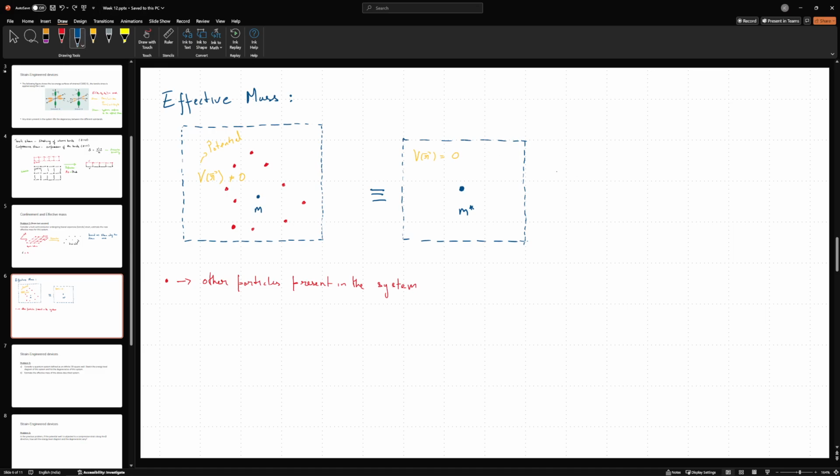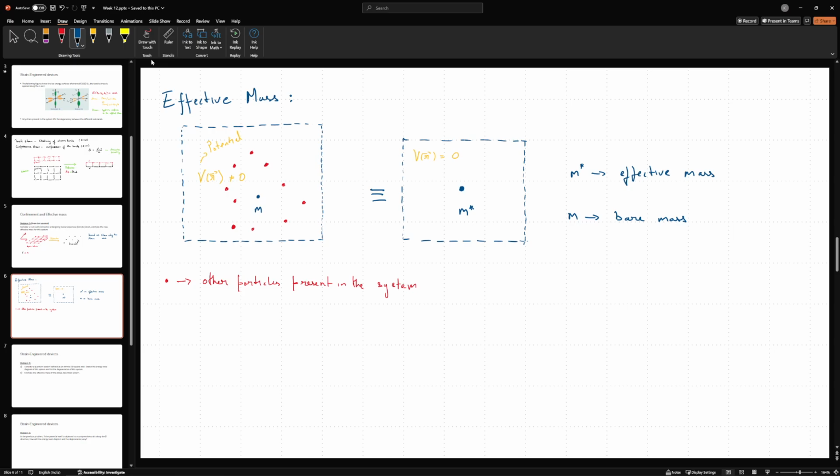A normal particle of bare mass m, in the presence of some interactions and external potentials, can be equivalently treated as a free particle of effective mass m star. And m is typically known as the bare mass of the particle.